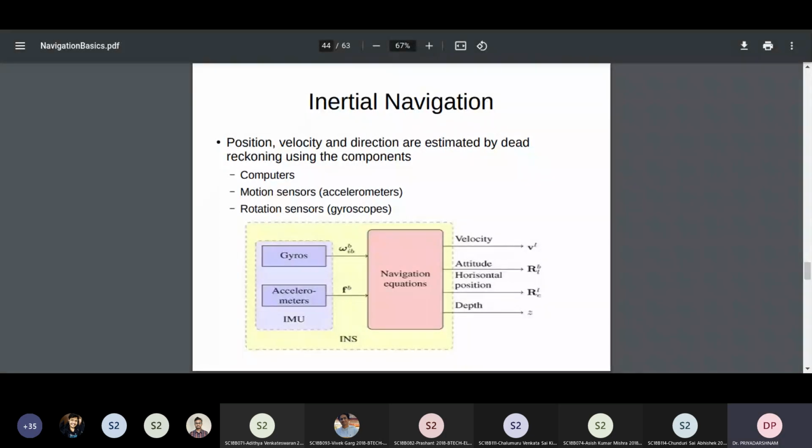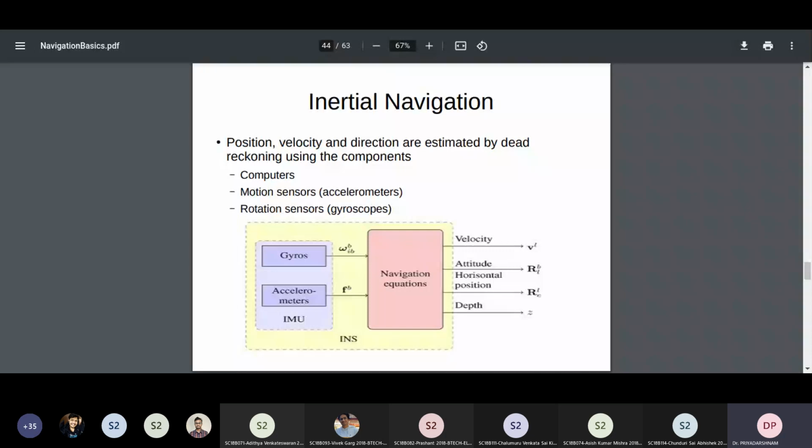There is one more difficulty here. These accelerometers will also be able to sense acceleration due to gravity. So what is acceleration due to gravity on the surface of the Earth approximately? 9.8 meters per second squared. Yes, so your accelerometers will actually be measuring 9.8.